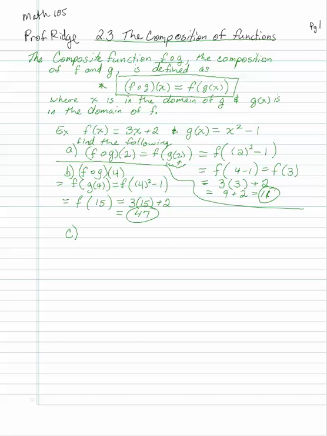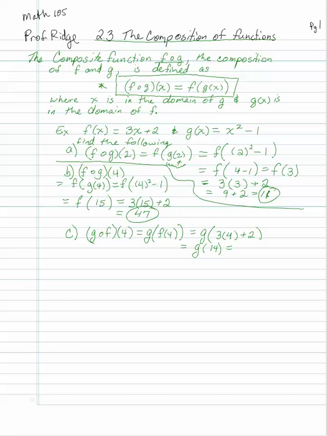Now, what happens if we switch the order, if we do g composed with f of 4? By definition, we're going to go g of f of 4. Plug the 4 into the f function first, and the f function is 3x plus 2. Plug the 4 in. So now we get 3 times 4 is 12, plus 2 is 14.